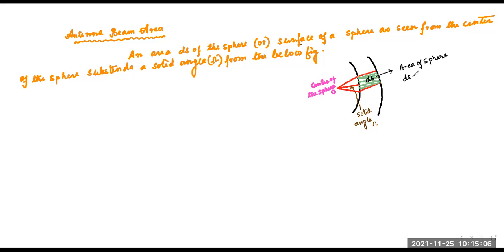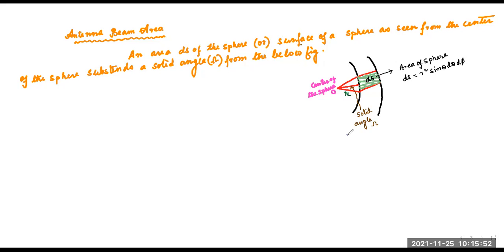ds, that is equal to r square sine theta d theta d phi. And this is the radius r. So this is the figure.